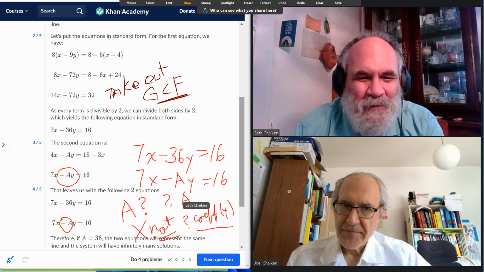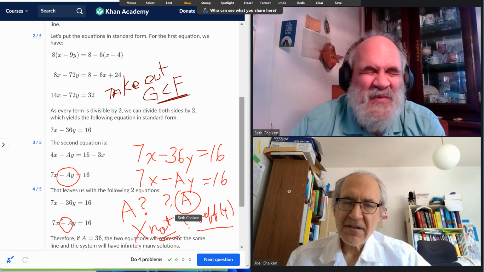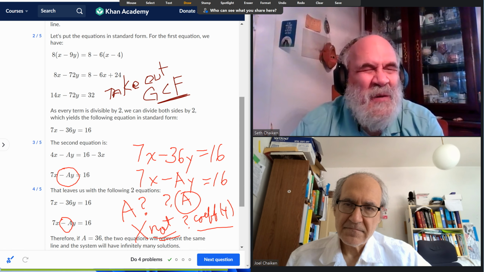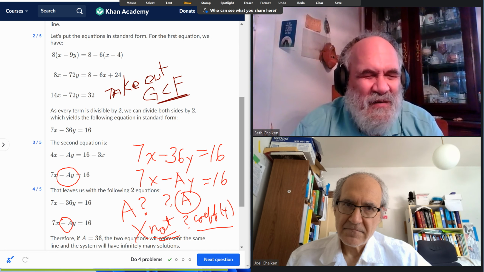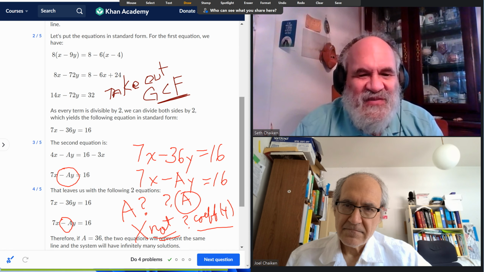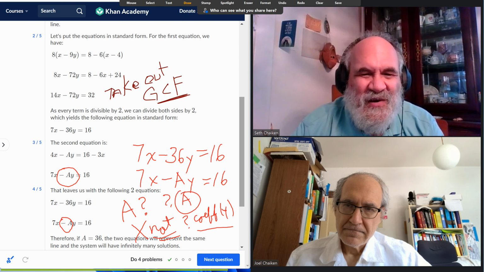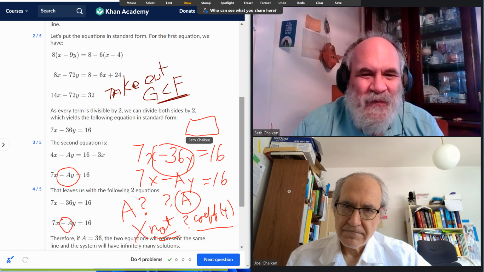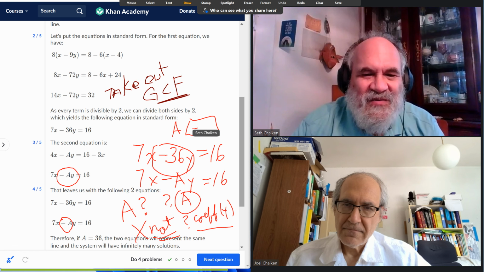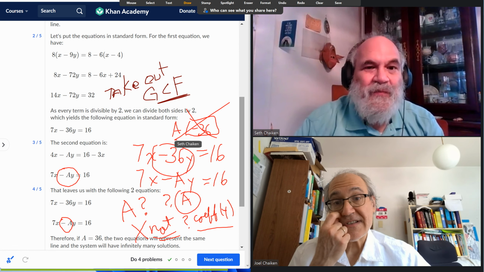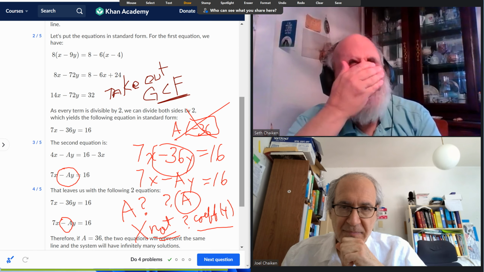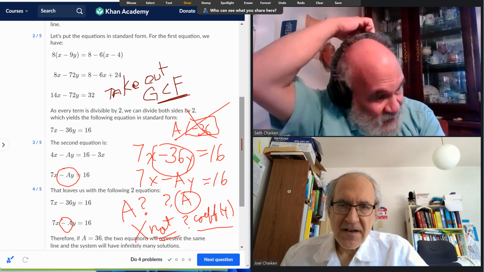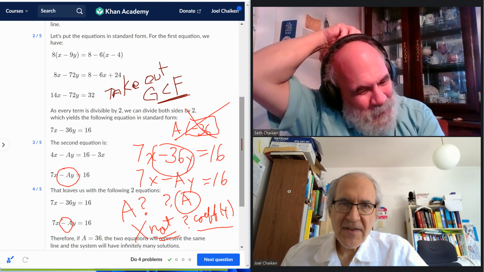A mistake that one might make is, having seen that this term here is minus 36, to put minus 36 in the answer box. If it was a multiple choice test, they probably would have put minus 36 as a choice. That would have been really nasty if they asked for a coefficient instead of the A.